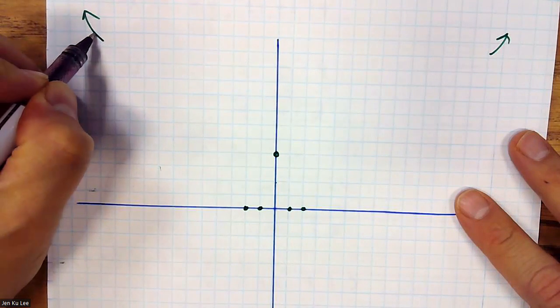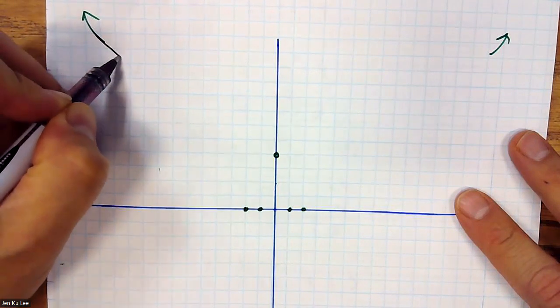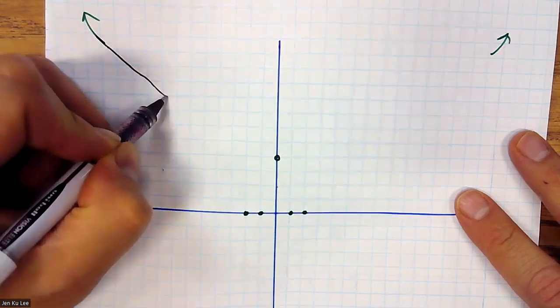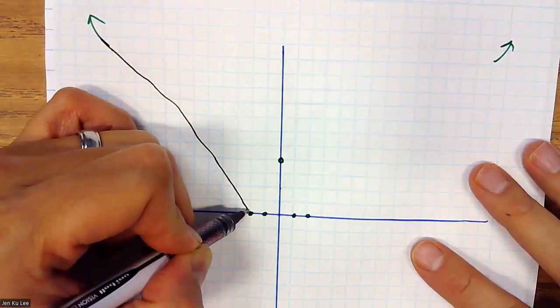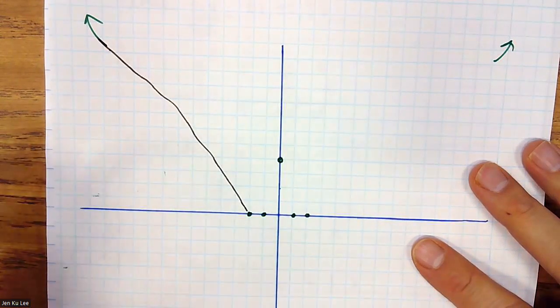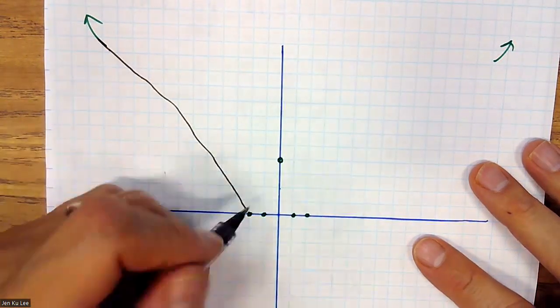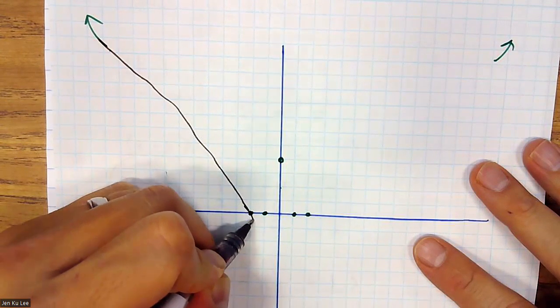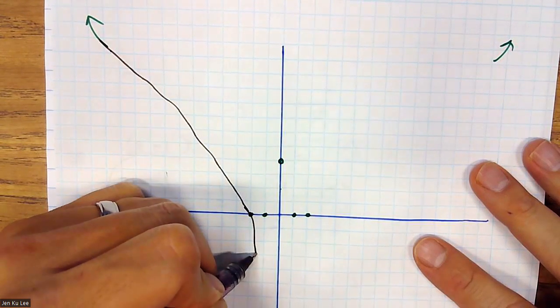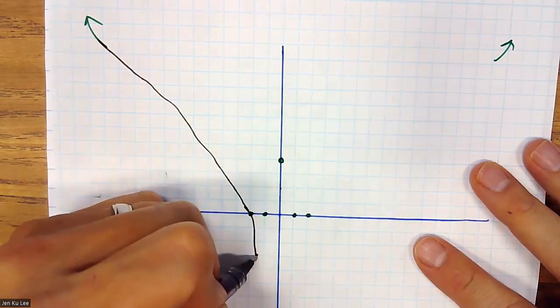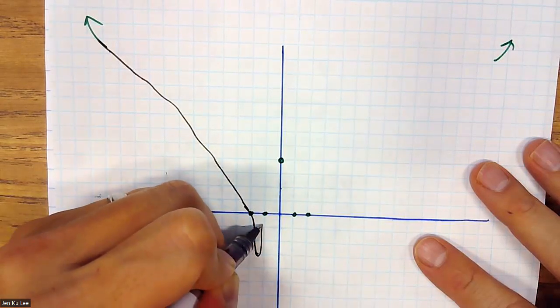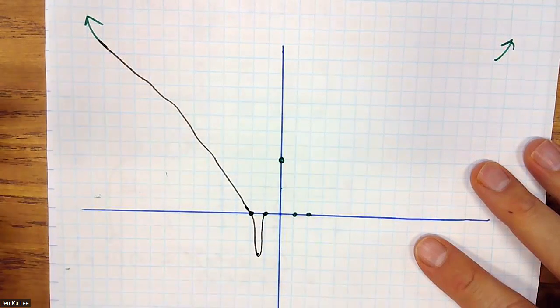So we start off with my end behavior here, and we're going to go off down towards this 0. I know that 0 has a multiplicity of 1 again, so it's going to go through it. So it's going to go through this point. But I know I'm going to eventually have to come up and hit this 0, right? So from here, I'm just going to come up and hit that 0.